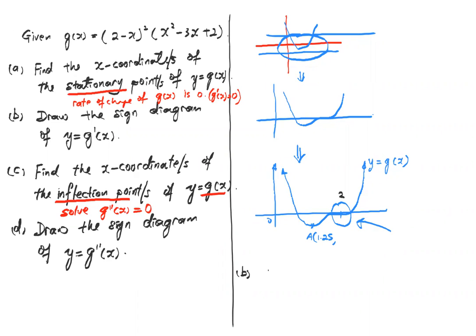Second thing, I must find x when g'(x) equals 0. If I want to draw any sign diagram, I must find the x-intercept of that function. So in this case, we know that g'(x) equals 0 when x equals 1.25 and 2.